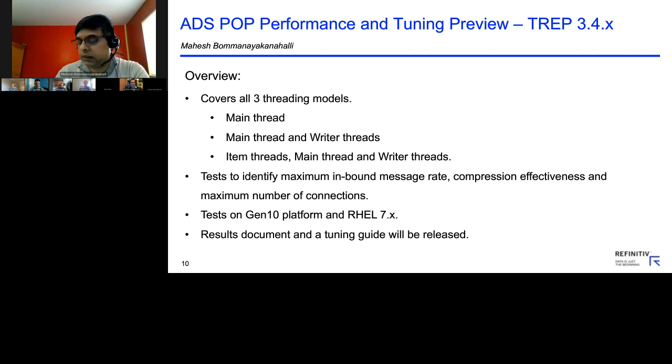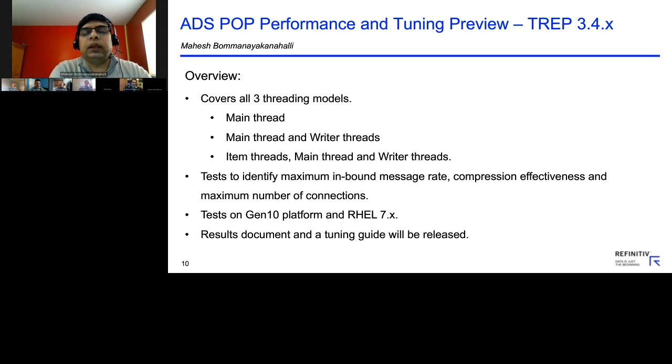And then the newest one, released and supported since about the middle of last year, introduced item threads. So basically the item threads now take the role of the main thread. The main thread is still there to make a connection upstream and to do some of the synchronization of the source directory, but all of the data now flows through the item threads.